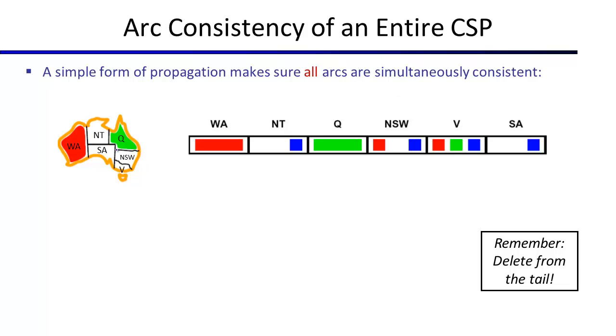So we look at this CSP right now. It's been partially filtered already, and we can look and say, is this CSP consistent? And if not, we can make it consistent by deleting some values from domains. So we look at various arcs. We look at this arc, if you'll remember this example from last time, and we ask, is this arc consistent?